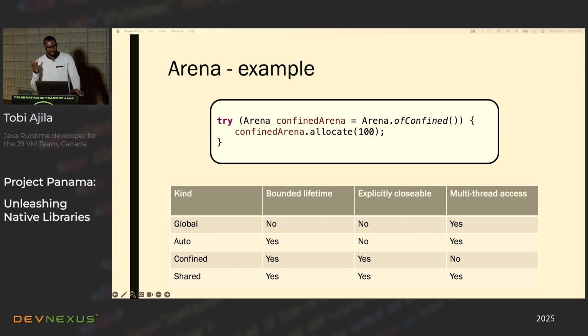And as I said, if you are creating a confined arena, the scope is explicitly closable, but there's no code here that's closing anything, and that's because with try with resources, if you look at how javac compiles these lines of code, you'll see that there's going to be a call to close scope, which closes the scope once you've exited that try with resources block. So everything is done for you implicitly, so long as you use the structure.